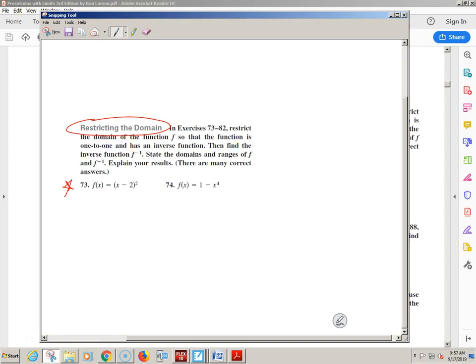You're trying to make the function one-to-one, right? Now, pause. What does one-to-one actually mean? Oh, so this is just explaining what that word is, which we already know. One-to-one is a function that has an inverse function. Then it says, okay, then find the inverse function, state the domains and ranges, explain.